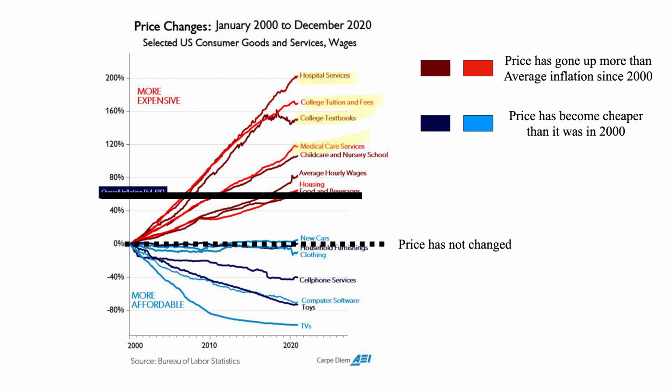And those mean that price has actually become cheaper since 2000. So you can see stuff like computers, toys, TVs have actually gone cheaper in price, but big stuff like hospital services, college tuition, college textbooks have gone way, way up since 2000. So those are line charts.